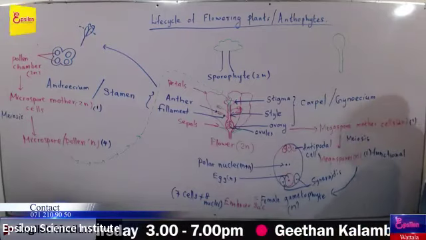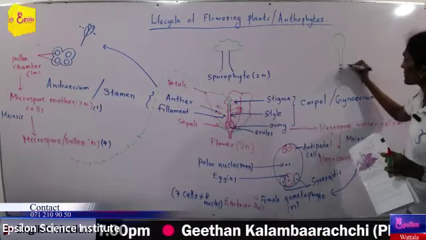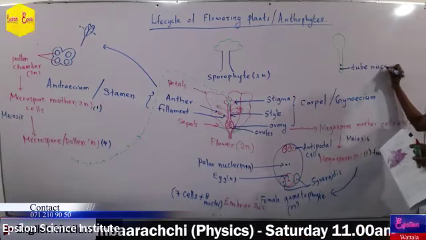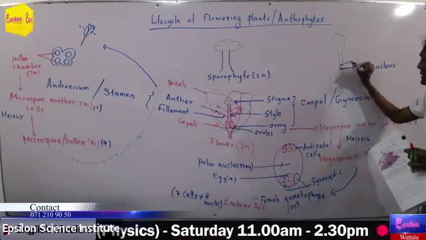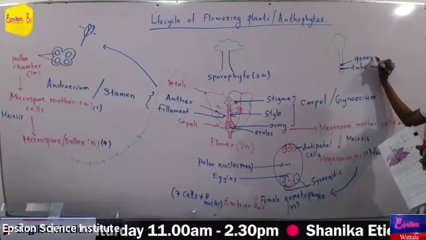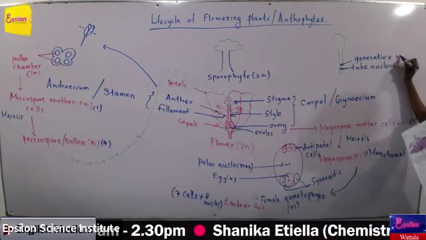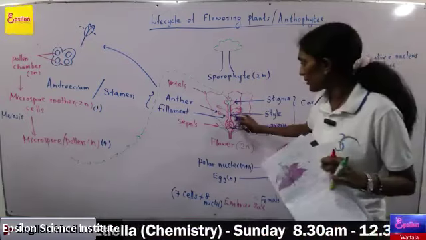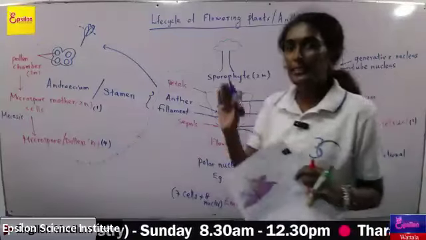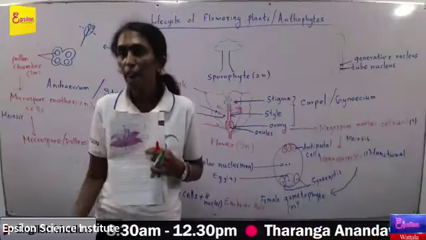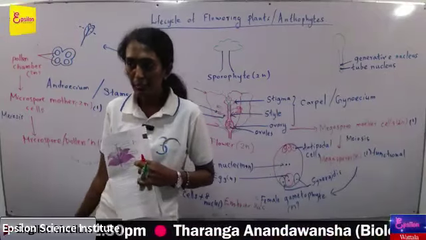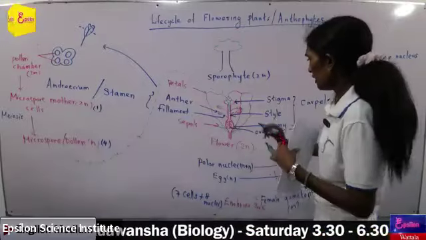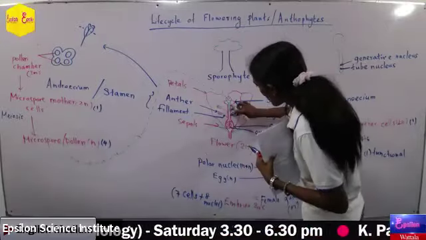It has two nuclei inside. One nucleus is the tube nucleus. The other one is the generative nucleus. Understood? So the tube nucleus is allowing the pollen tube to grow until it reaches the micropyle of the ovule. Like in the previous one, do you remember? There was a micropyle in the previous case also. So until this reaches the micropyle of the ovule. So now this is growing inside.